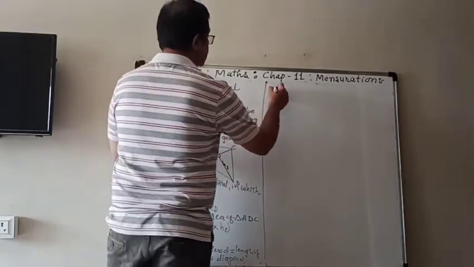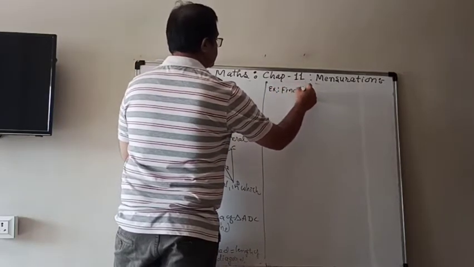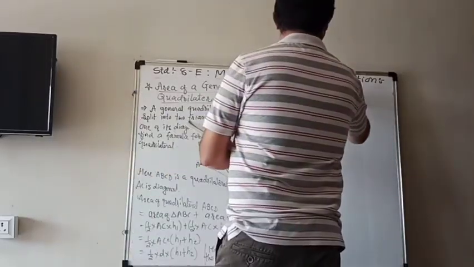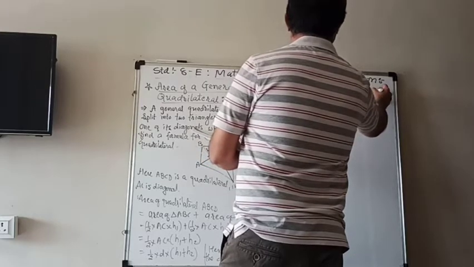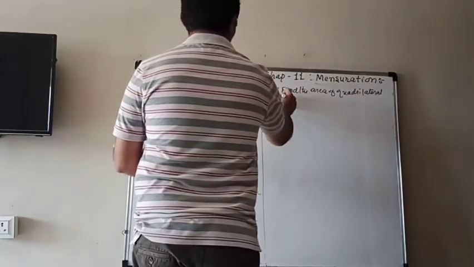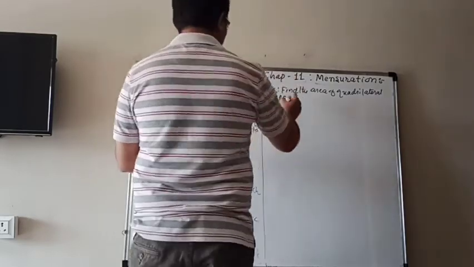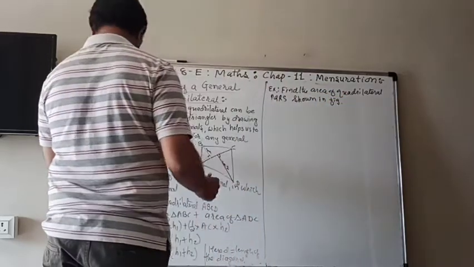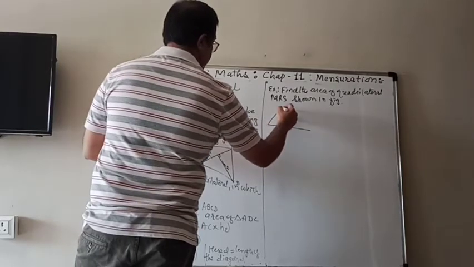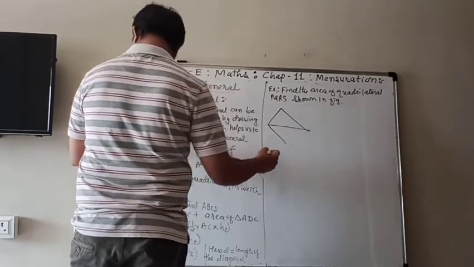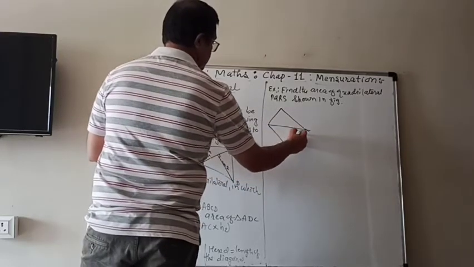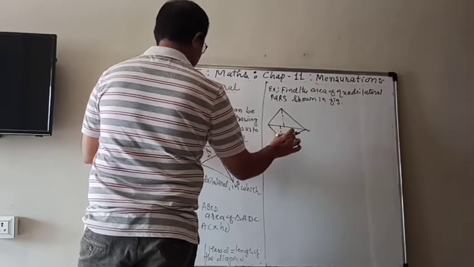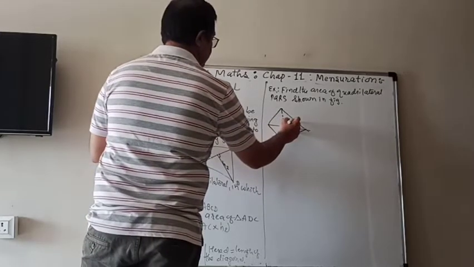Example. Find the area of quadrilateral PQRS shown in figure. 2.5 centimeter.